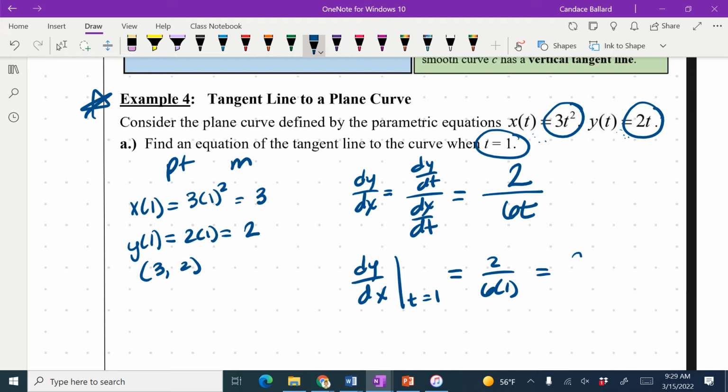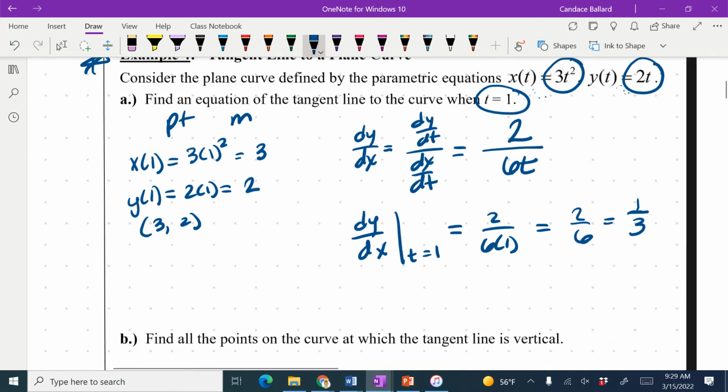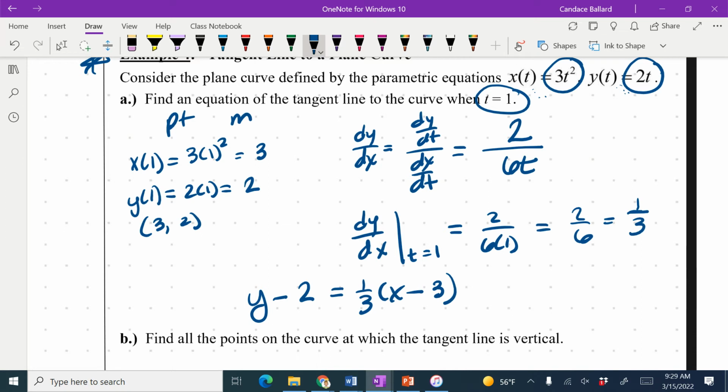So 2 over 6, or what does it reduce to? 1/3. All right. So we're going to have the equation of the tangent line: y minus, what's the y value? 2 equals, what's the slope? 1/3 times (x minus, what's the x value? 3). Good.